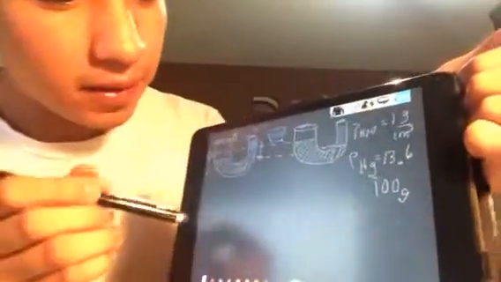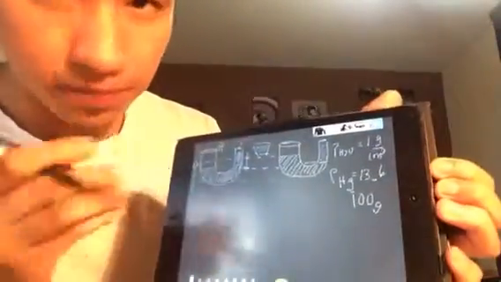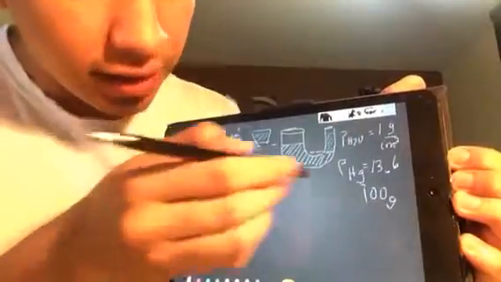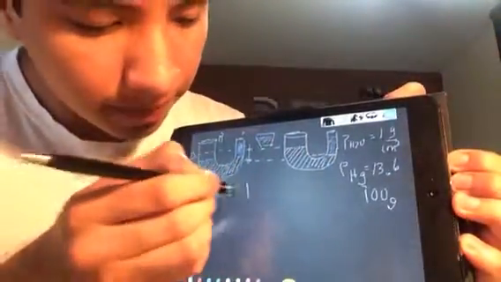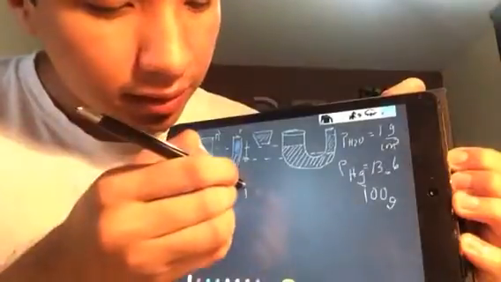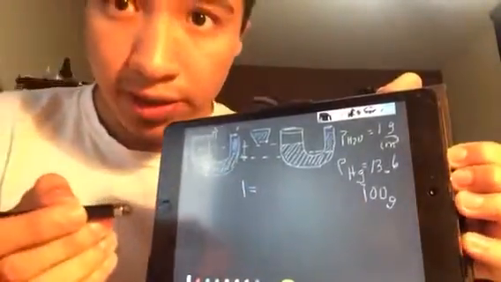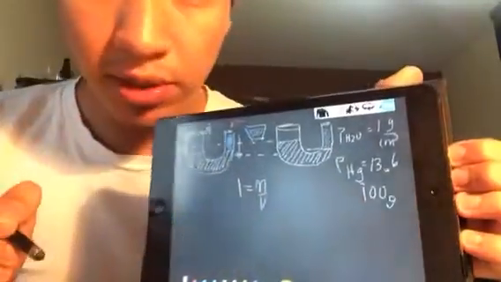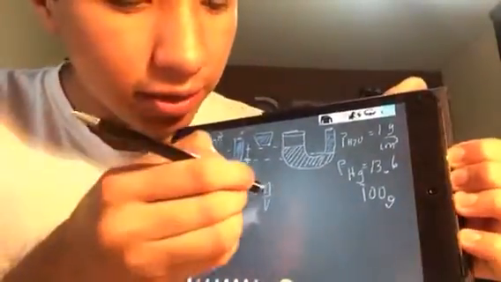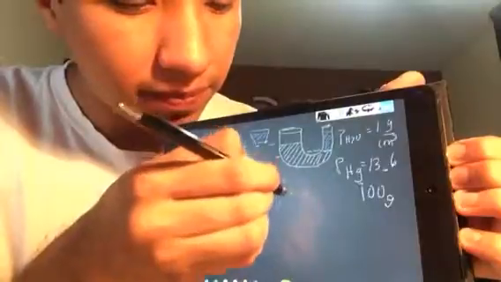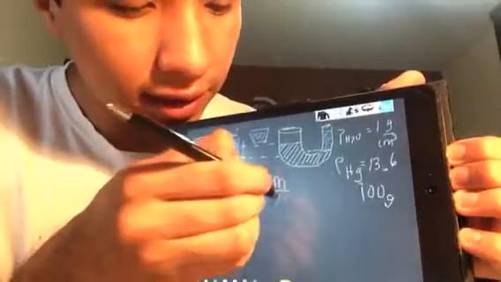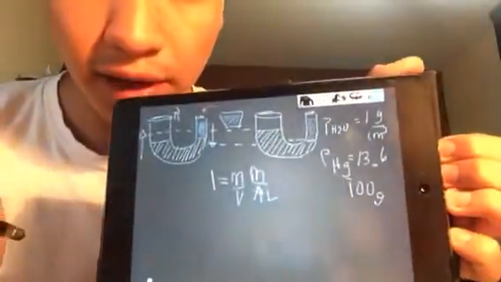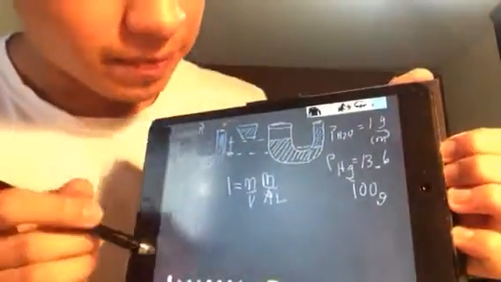So here we have the density of the water, that is going to be 1. We know that density is equal to the mass over the volume, and we know that the volume can also be defined as the area times the length.